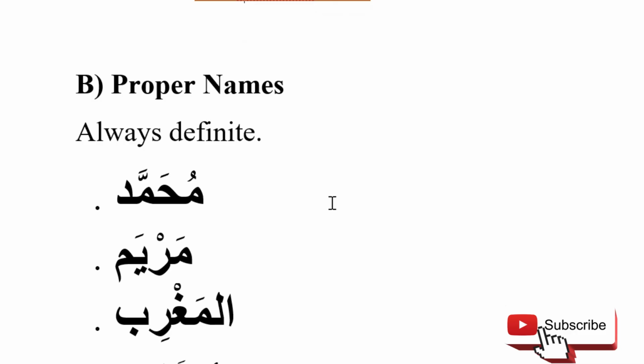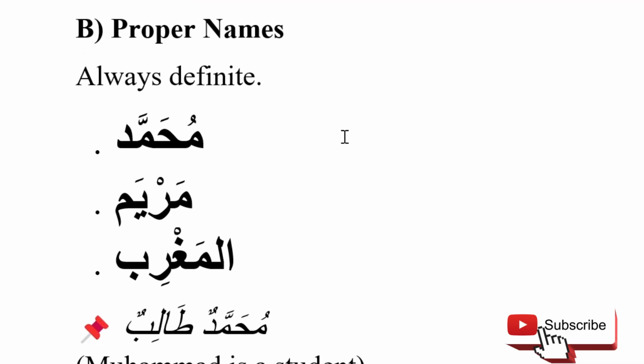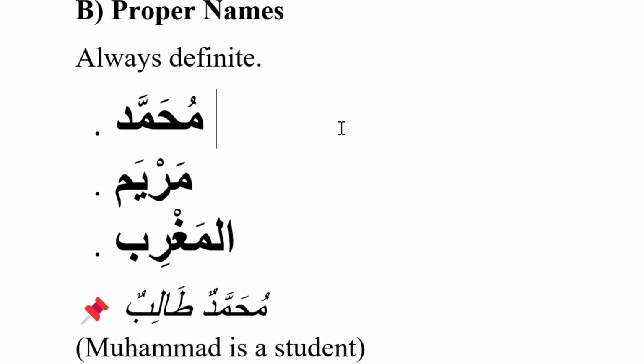Proper names, personal names, are always definite. If we call Muhammad, we call a particular Muhammad, not a random person. And Maryam is the Arabic version of Mary, so the Arabs say Maryam al-Adra, the Virgin Mary. Always definite.